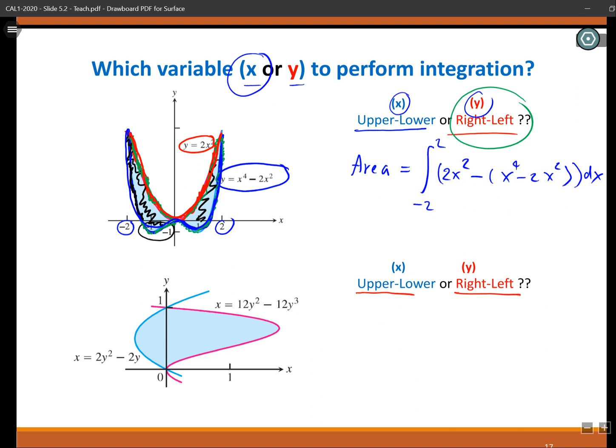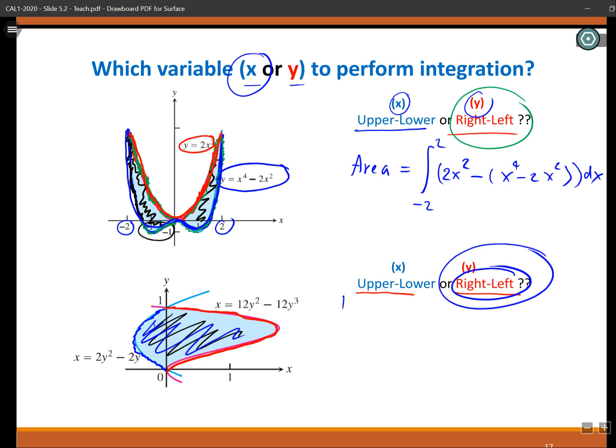Now looking at this, it's quite obvious to me that we have this boundary on the right hand side of this region, and then I have this boundary on the left hand side of this region. So from this I see left and right. That's what I see from the graph, which means that I want to work on the y variable.